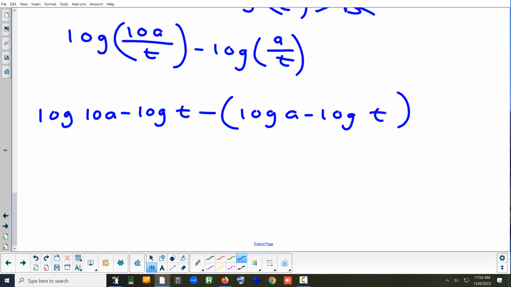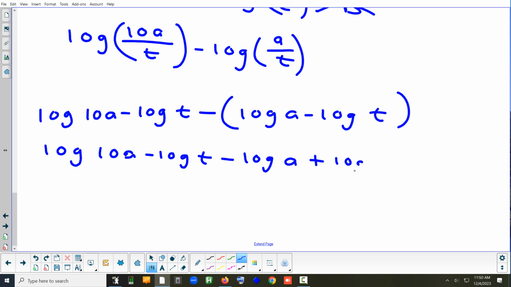Okay, now we're kind of back at a similar point we were at in the first step. What do we have to do now? Distribute the negative again. Log 10A minus log T minus log A plus log T. What can we do now? Combine like terms.